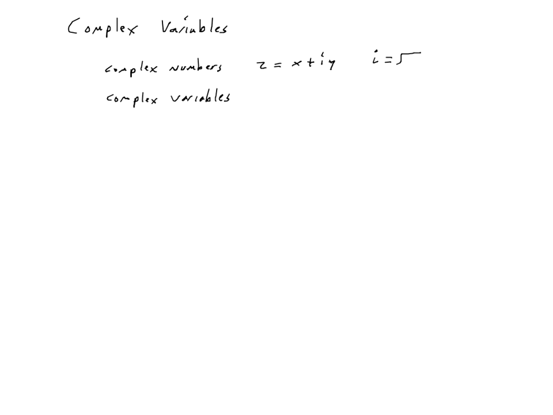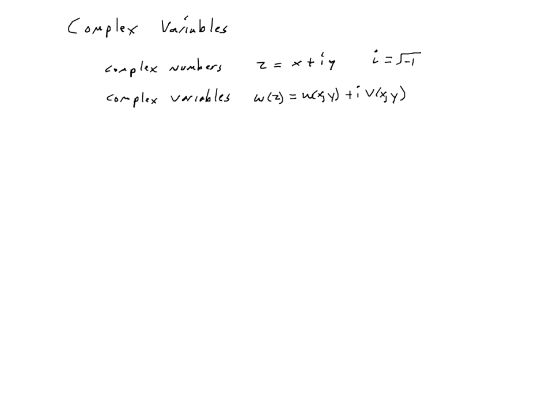And i, by the way, is equal to the square root of minus 1. The complex variable would be something like a variable which depends on z, and it's made up of a real part, u, of x and y, and an imaginary part, v, which is also made up of x and y. And so you get this whole new dynamics because you have real and imaginary parts all mixed in together.